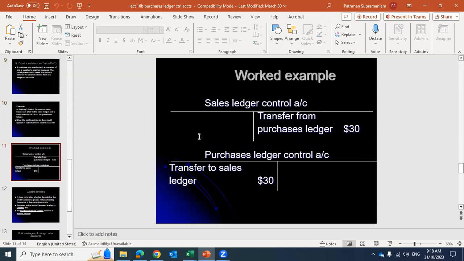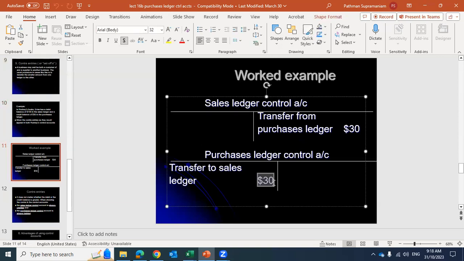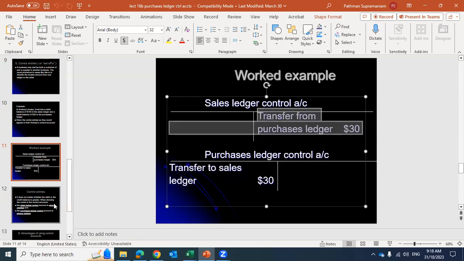Since we are working a purchase ledger control account now, we place the contra on the debit side. Remember, contra is always a deduction. If you're recording it in the purchase ledger control, it is always on the debit side. If you're recording it in the sales ledger control, it is always on the credit side.